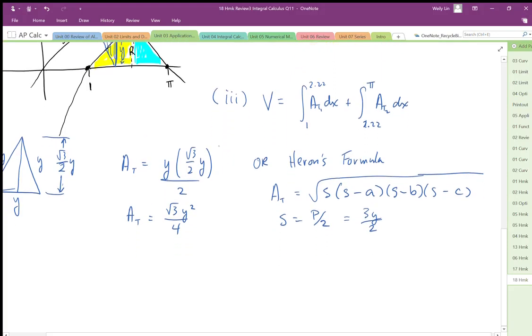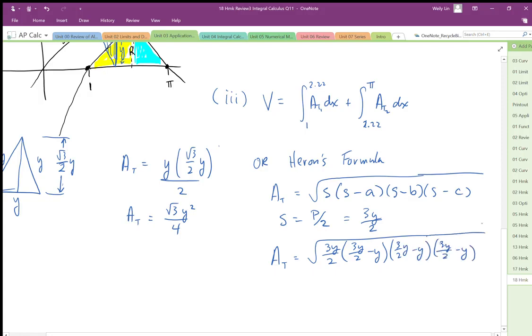If I plug it into that formula, this triangle works out to be the square root of the semi-perimeter 3y over 2, and a, b, and c represent the side lengths, so each is just y. So we end up with 3y over 2 minus y, three times.